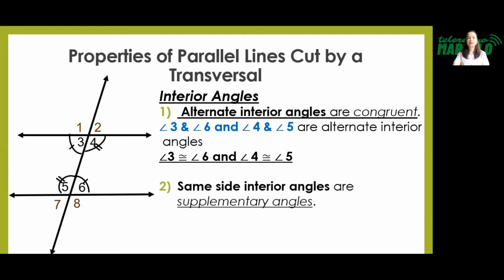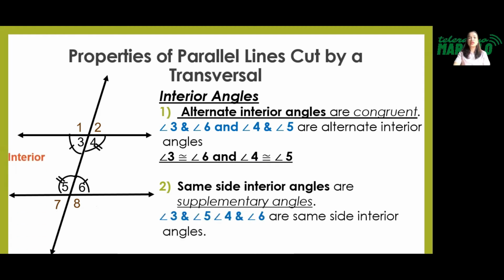Number 2, same side interior angles. Same side interior angles are supplementary angles, meaning when you add those two angles, they are equal to 180 degrees. So, if we have angle 3 and angle 5, angle 4 and angle 6 as same side interior angles, therefore, they are supplementary angles.